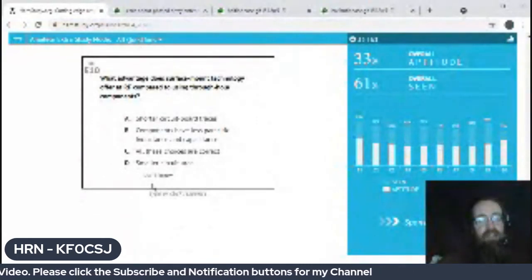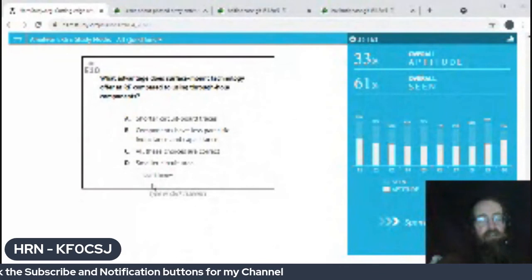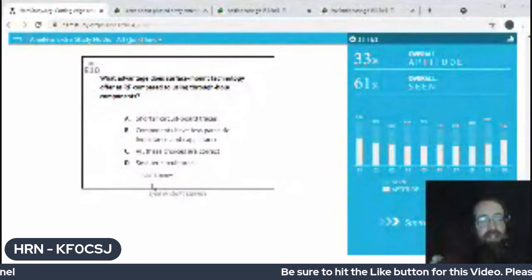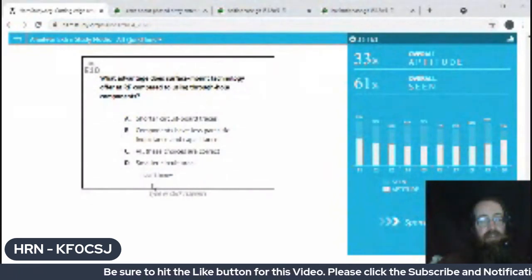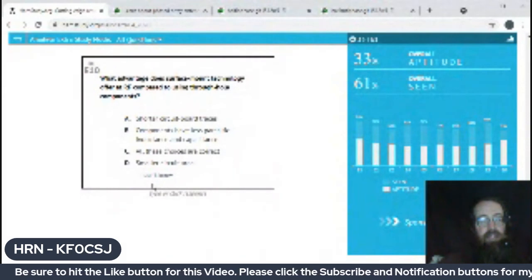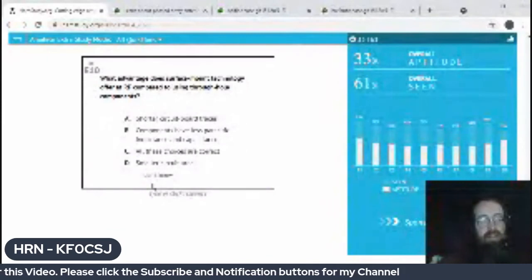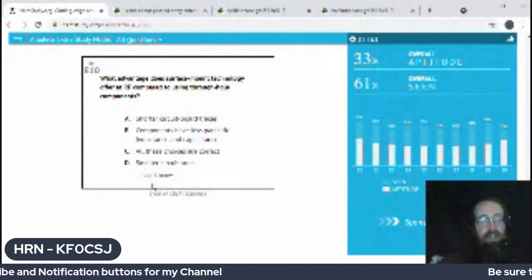What advantages does surface mount technology offer at RF compared to using through-hole components? A: Shorter circuit board traces. B: Components have less parasitic inductance and capacitance. C: All these choices are correct. D: Smaller circuit area.